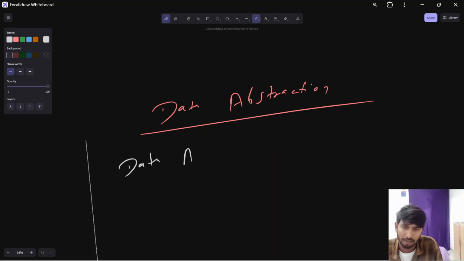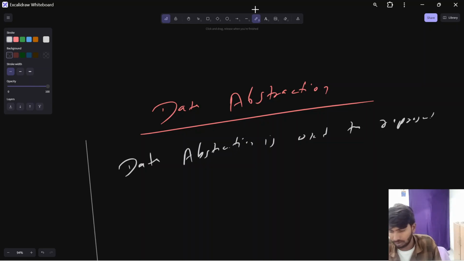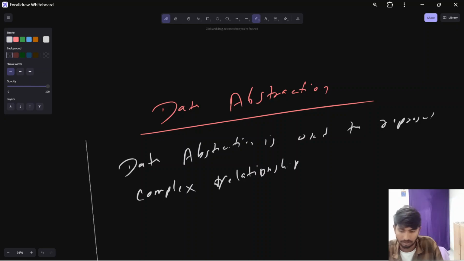Data abstraction is used to represent complex relationships between entities, and it is done using the EER model.